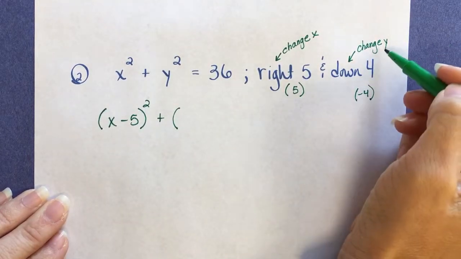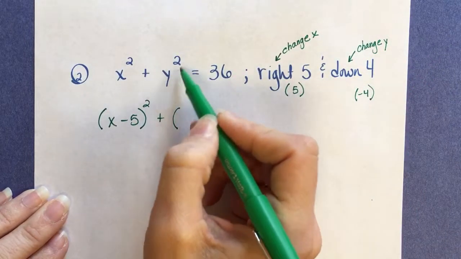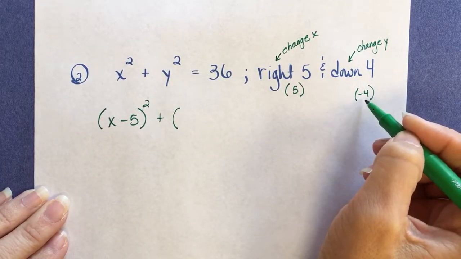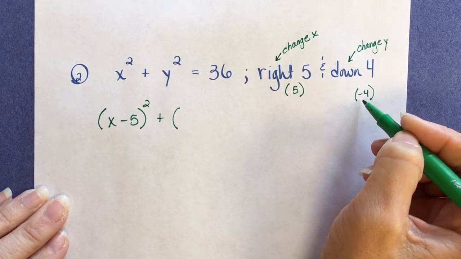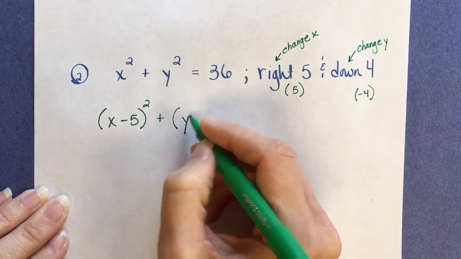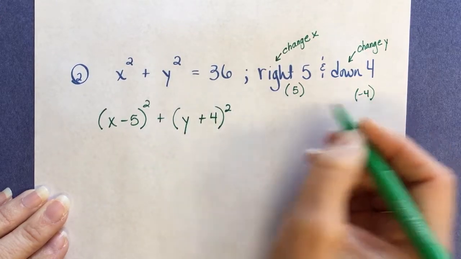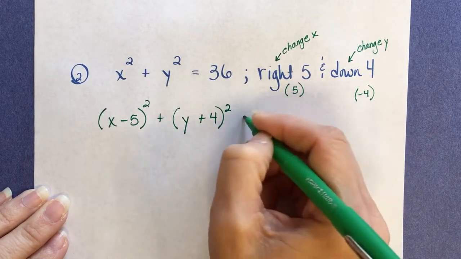All right, up and down changes y, so that means I'm going to incorporate the 4 here. Since we think of down as being -4 or going down 4, but yet when I put it into my equation, I have to do the opposite. So instead of being negative, you actually end up with it being positive.